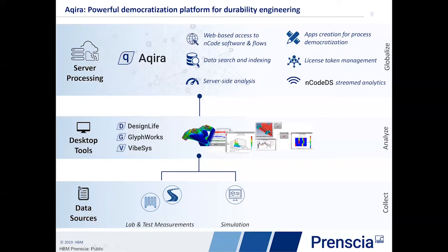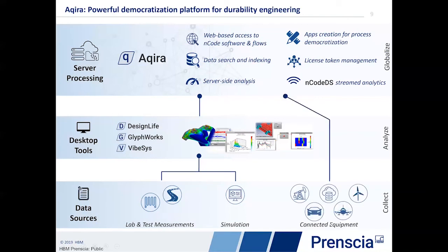That means you can process measured data, sensor data that may come from the lab and test measurements that you see here on the bottom, or from connected equipment, from digital bus type data. That's typically low quality data in comparison to the sensor data you're getting from data acquisition systems.